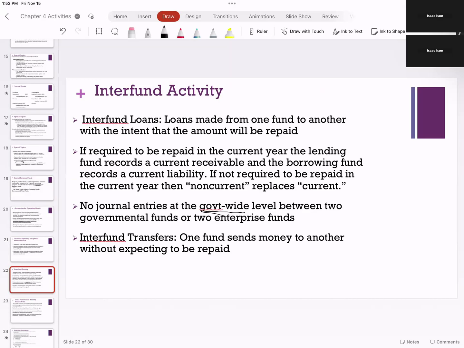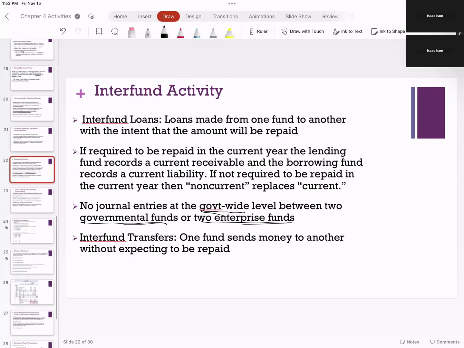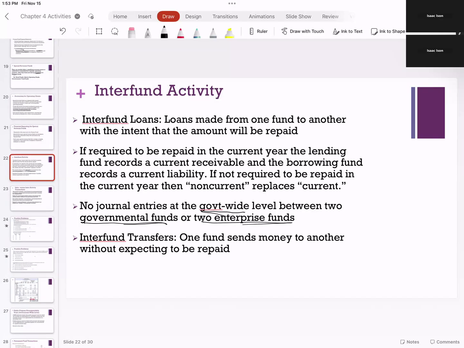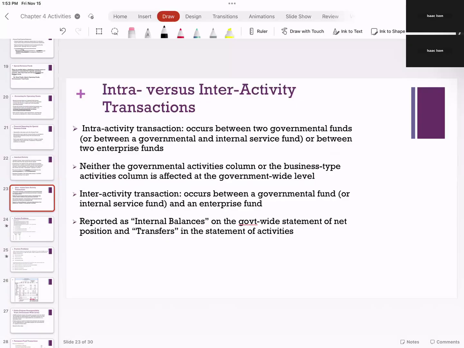So if it's between two governmental funds or between two enterprise funds, it's not reported at the government-wide level. Interfund transfers, one fund sends money to the other without expecting to be repaid. So that would be other financing, like uses from one fund and sources to the other fund.